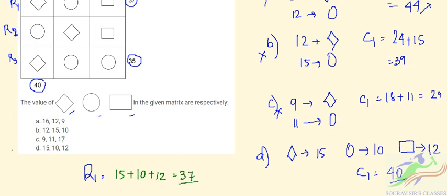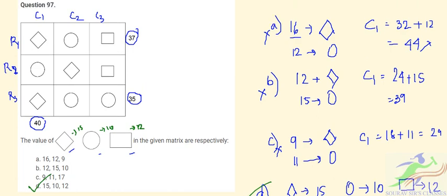So that is true. So option D is correct in our case. The tilted square is 15, the circle is 10 and the square is 12. So the correct option is D, 15, 10, 12. This is for question number 97.